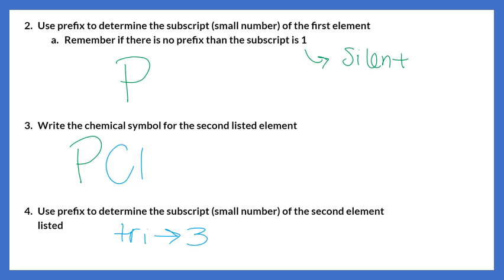So it should be P for the phosphorus, Cl for the chlorine, and then 3 for the tri, for the subscript. So use the prefix tri to determine the subscript, which is 3, for the second listed element. So phosphorus, P, trichloride, Cl3. Okay? All right, I think that's all I have for you guys.